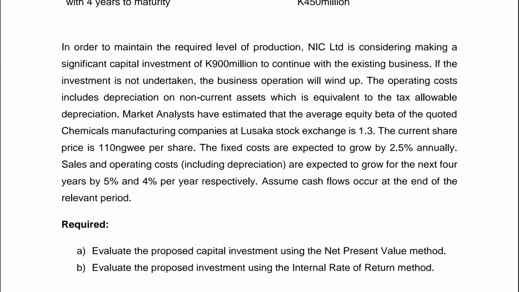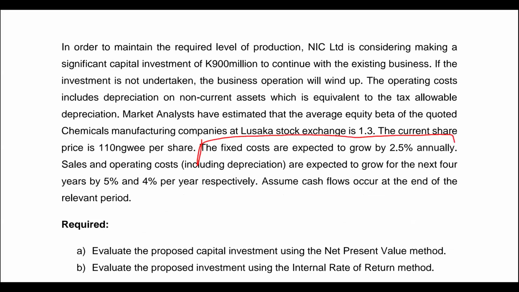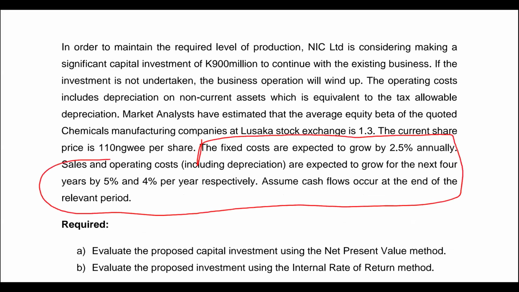It says the fixed costs are expected to grow by 2.5% every year. So it simply means the fixed costs that we have, which would include the interest, are expected to grow by 2.5%. Interest on a loan is always a fixed cost.